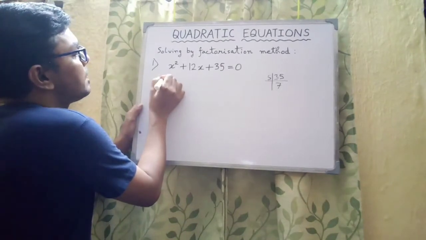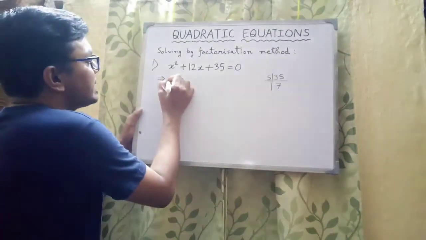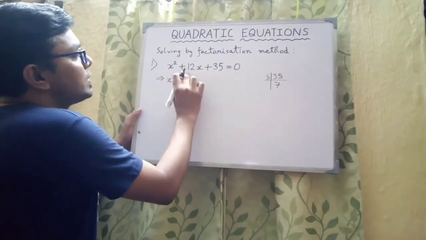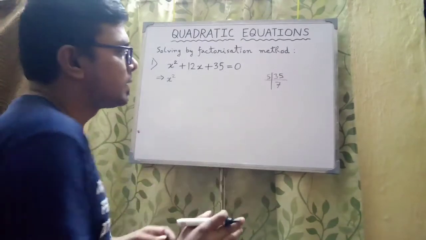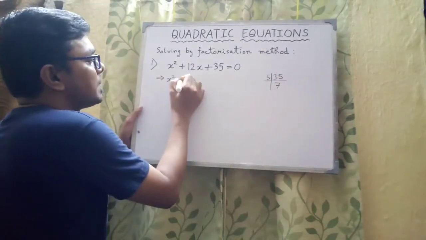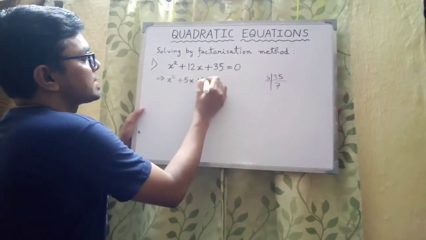So we give the implies sign because we are solving an equation. So we write x squared as it is. Now this 12x term we have to break. See, we have got 5 and 7, so this is a pretty easy example. So we can write 5x plus 7x.